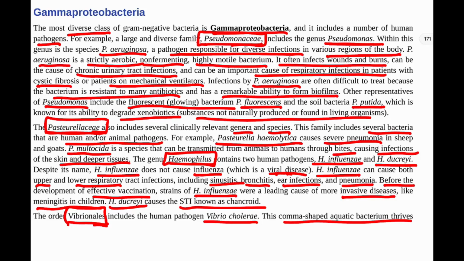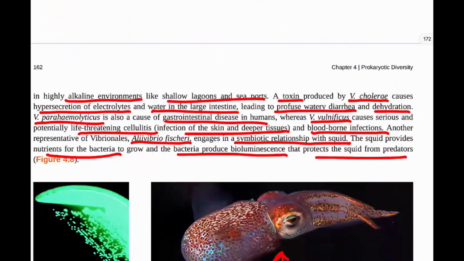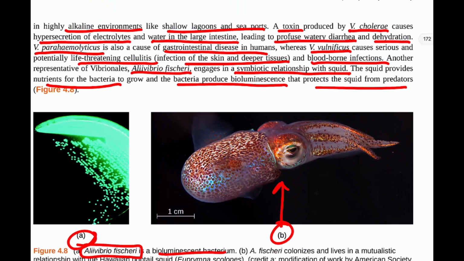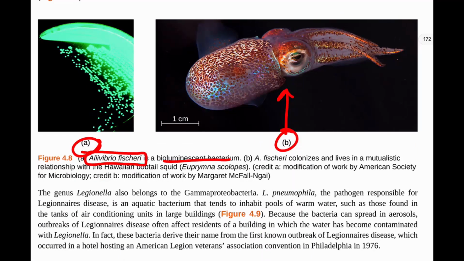And then down here in the same group, in the Gammaproteobacteria, we have Aliivibrio fischeri, which gives bioluminescence in a squid in the sea. So very, very different types of bacteria in this group.